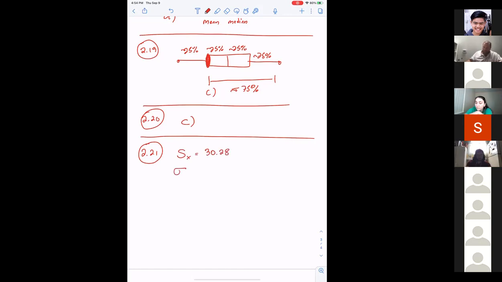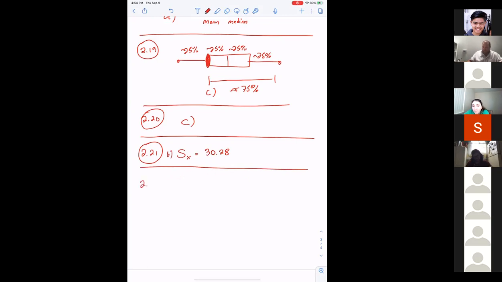Just beneath it, your calculator gives another value. That's not the sample standard deviation, but it is a standard deviation. It's just not the one that we're doing yet, so it will play a role later. Right now, the only one that we're dealing with is Sx, which your calculator gives you to be 30.28. So that was B.